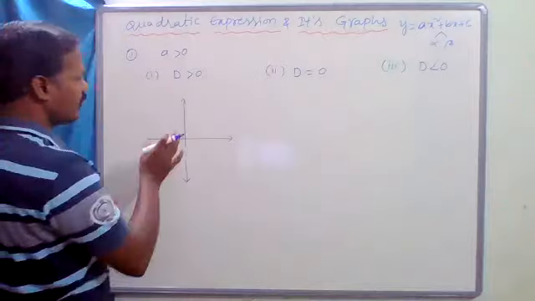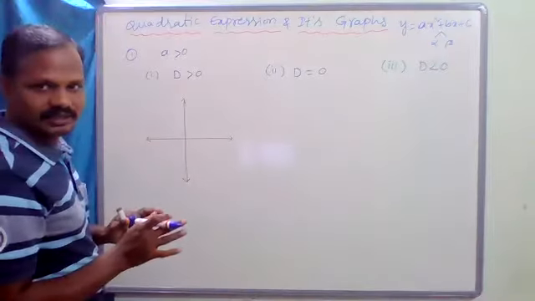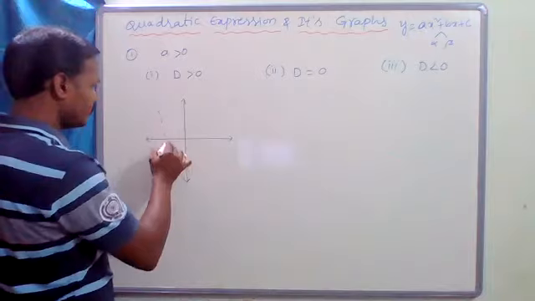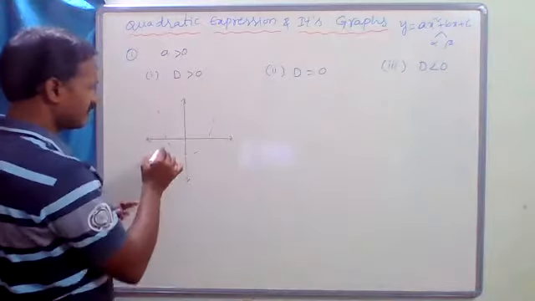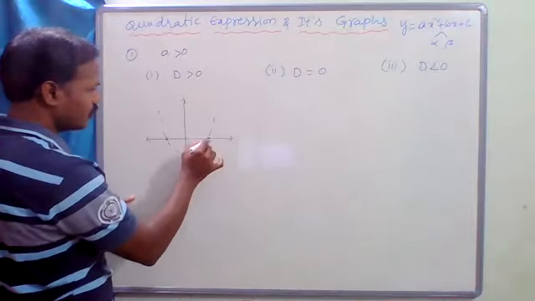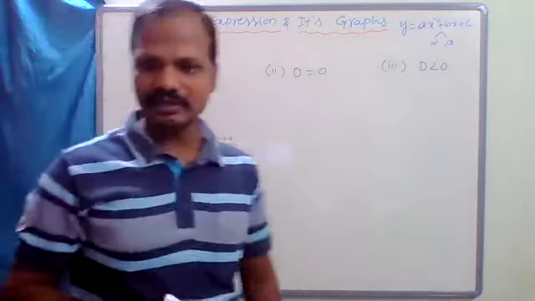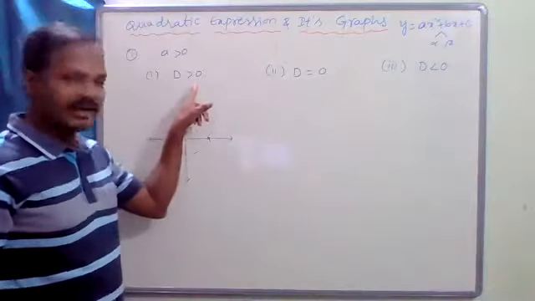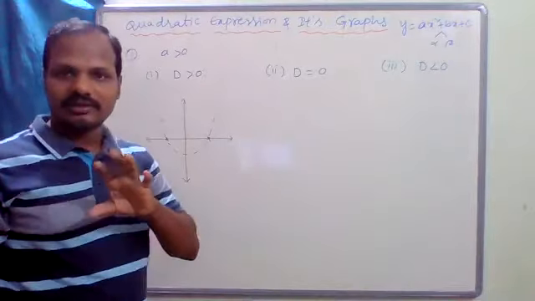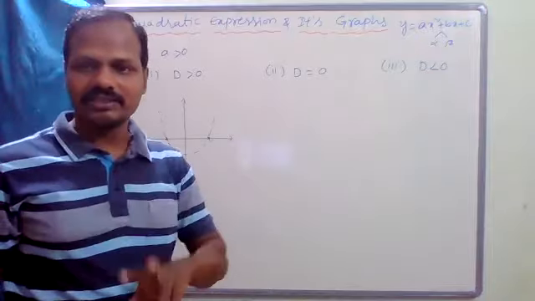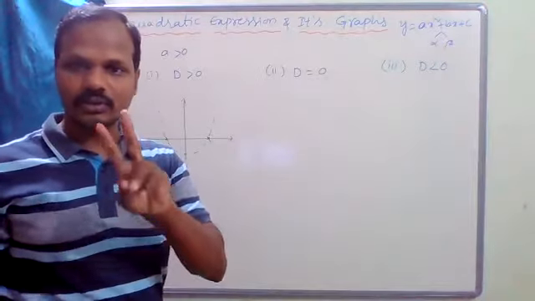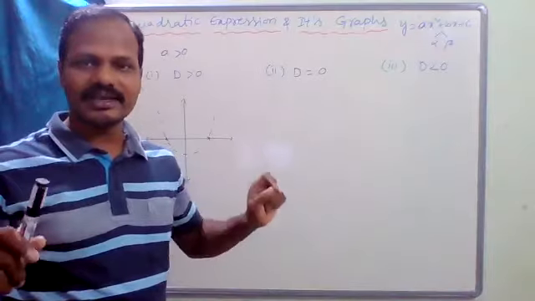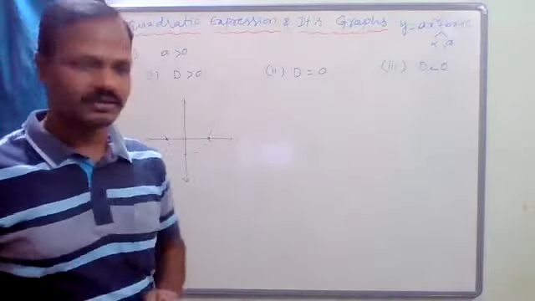In this case the graph may be like this, because it cuts at two different points. D greater than 0 means the quadratic equation has two distinct roots, so the graph must cut the x-axis at different points.